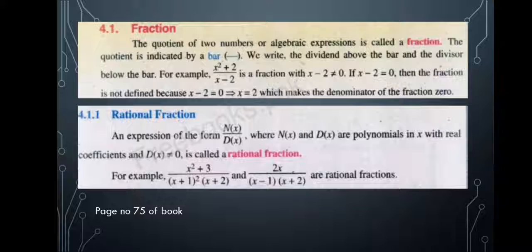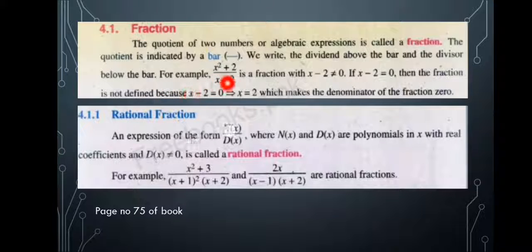So the quotient of two numbers or algebraic expressions is called a fraction. The quotient is indicated by a bar. We know that the identification of a fraction is the bar. We write the dividend above the bar and the divisor below the bar.